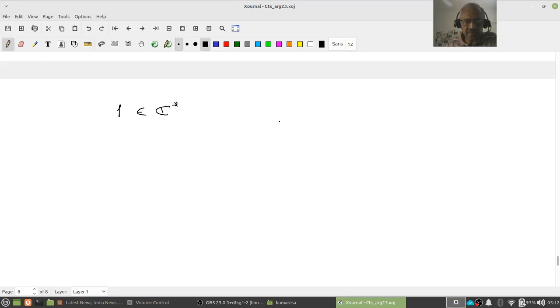Or let us look at I in C star. Now I look at u0. This line is missed. There is a positive real axis is thrown out. The rest of things are all okay.